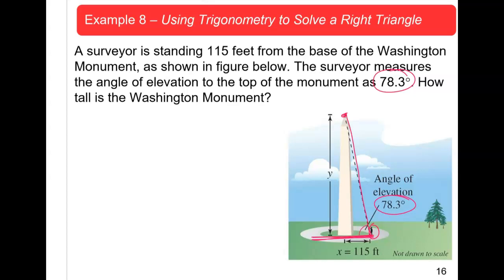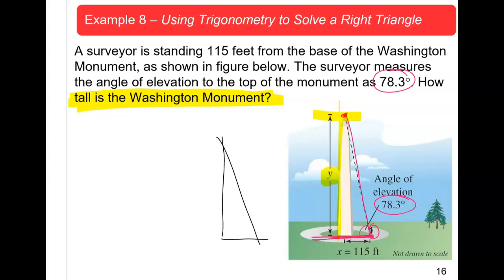So the question becomes, what is the height of that monument? We're going to use the variable y. Another important thing about the problem is that they gave us one of the sides, if we form a right triangle, and that is the 115 feet. That is the distance from the base of the monument to the person.